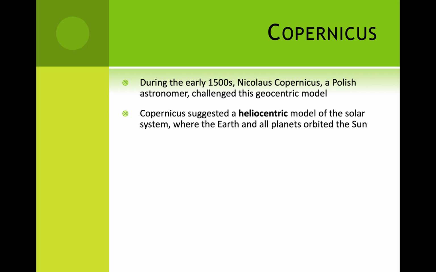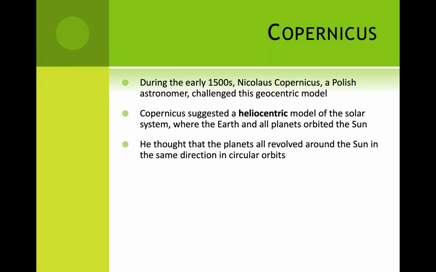Helios meaning sun, centric meaning center, obviously heliocentric, a sun-centered model of our solar system, with all the planets orbiting the sun. And he thought that all the planets revolved around the sun in the same direction, so he got that much right. And he thought they all went in circular orbits, which is almost true.